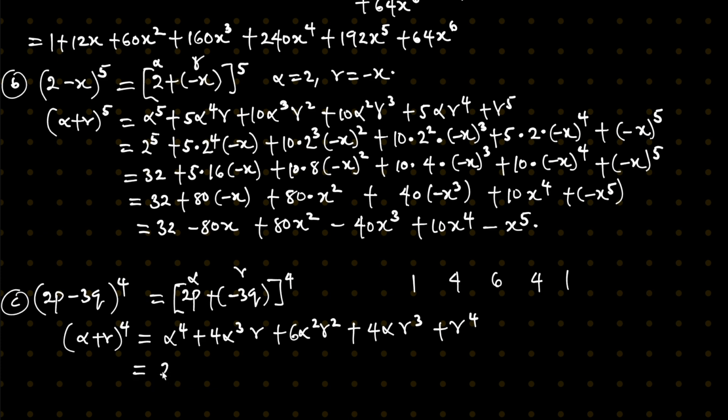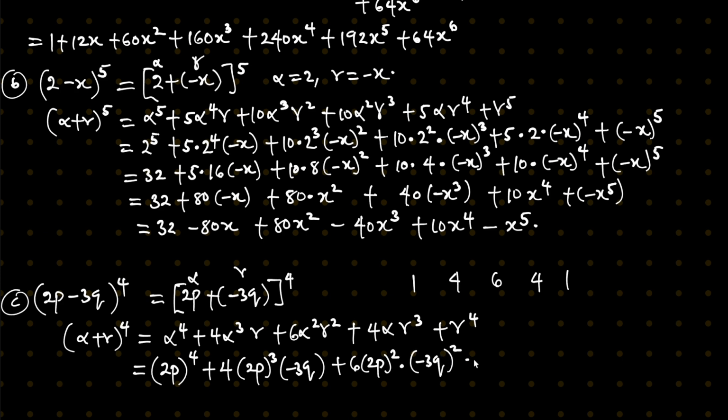Alpha is 2p, so 2p all to the power of 4 plus 4 times 2p all to the power of 3. Now gamma is minus 3q plus 6 alpha squared, 2p squared, gamma squared, negative 3q all squared.